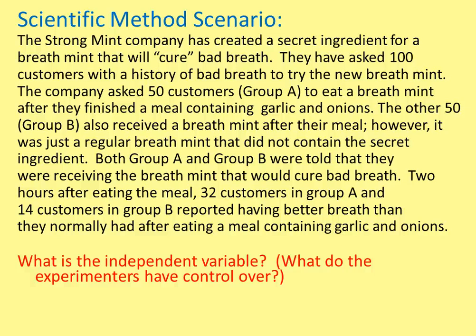So the secret ingredient is what the researchers have control over. They've divided the people into group B, which was our control group, and they've divided the people into group A, which was our experimental group. So whether someone got the ingredient or not, that's the independent variable. That's the factor being tested and changed.